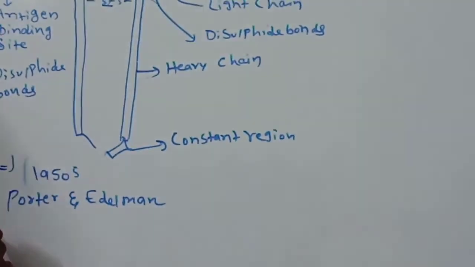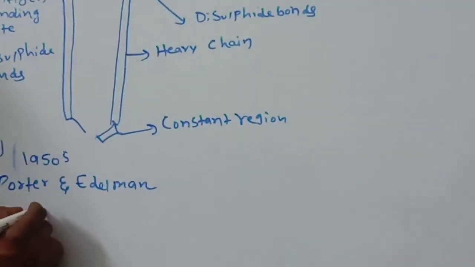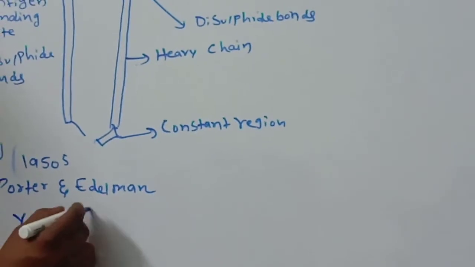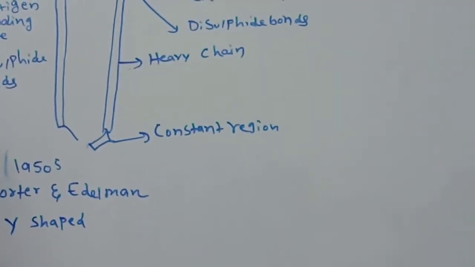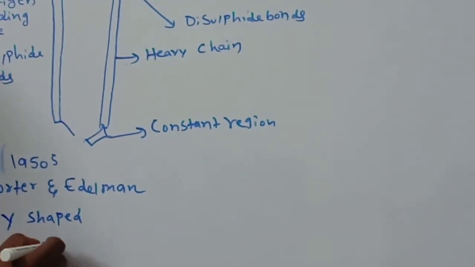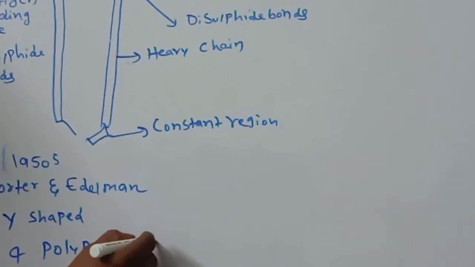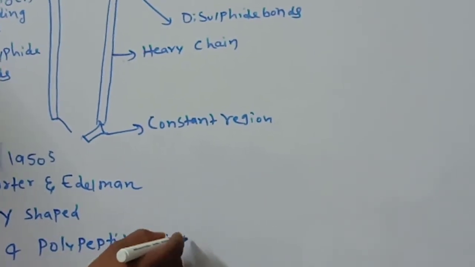So they proposed the immunoglobulin structure. Which shape is the immunoglobulin? Y-shaped structure. Next, 4 polypeptide chains are there in the structure.